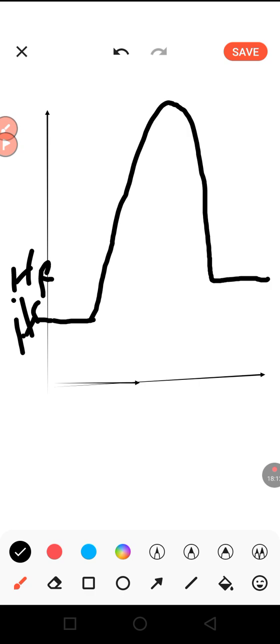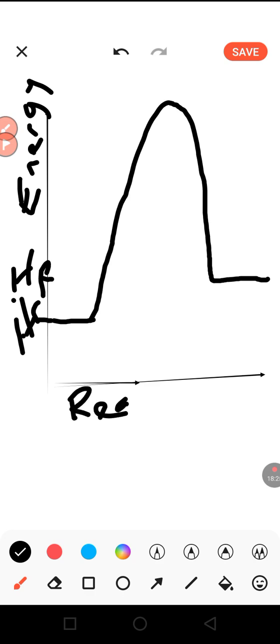This is an endothermic reaction. And of course, you know, this is the energy axis. This is the reaction path.